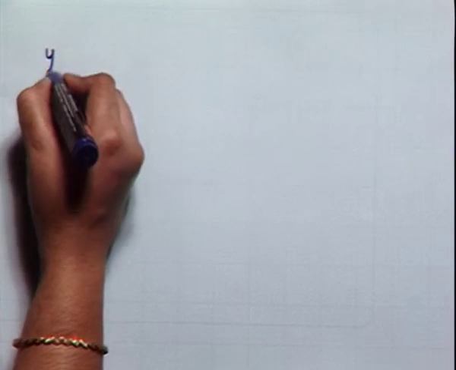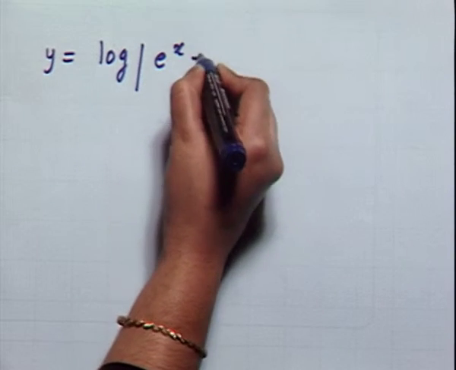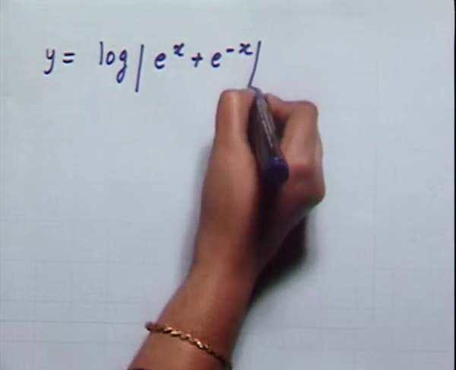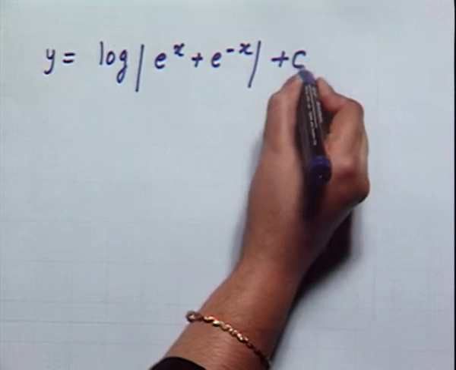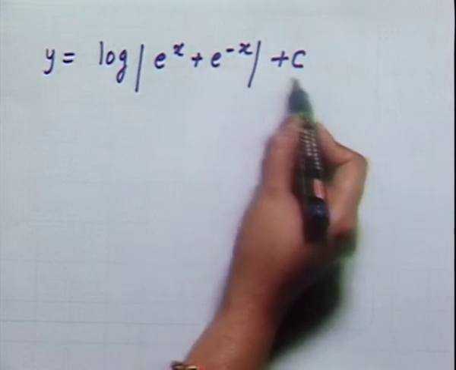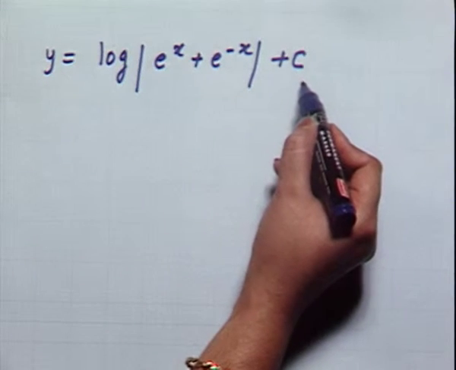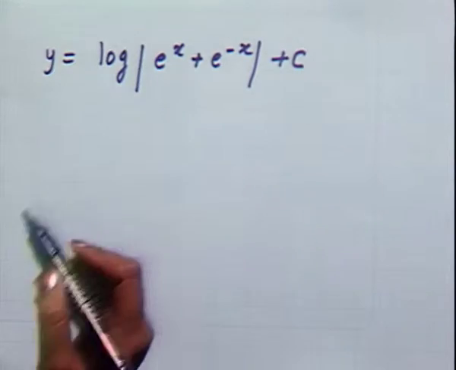What we end up with is y equal to log of (e to the power x plus e to the power minus x) plus the constant of integration. The constant of integration is written only on one side, because if you have a constant here, it can be combined with a constant on the other side and then again reduces to one constant.